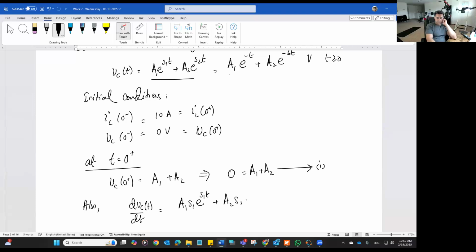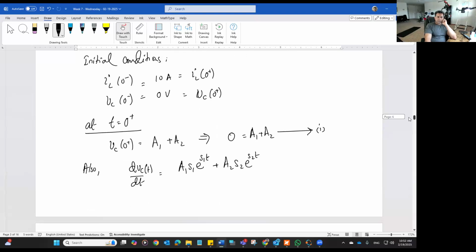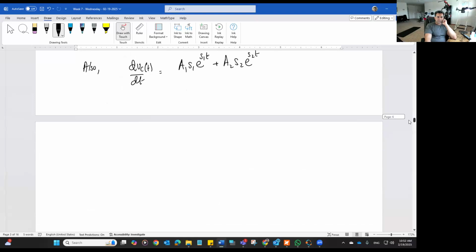Very good. Now we evaluate this derivative equation at 0 positive. e to the power 0 again becomes 1, so we will have A1 s1 plus A2 s2.